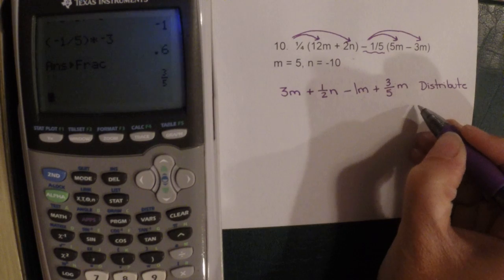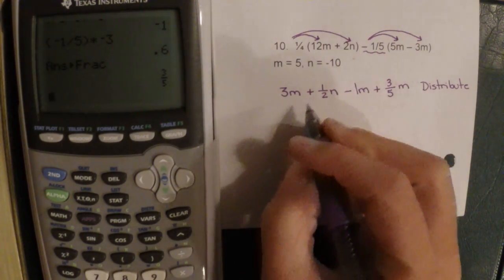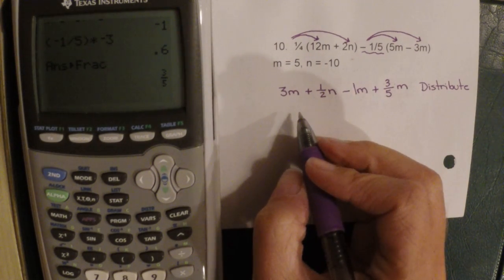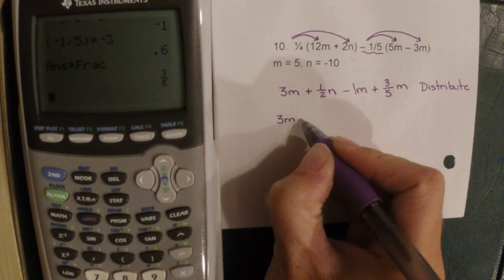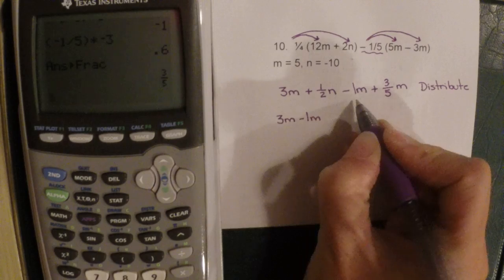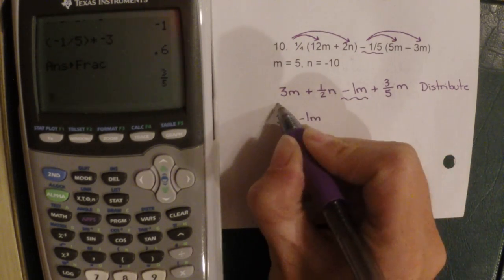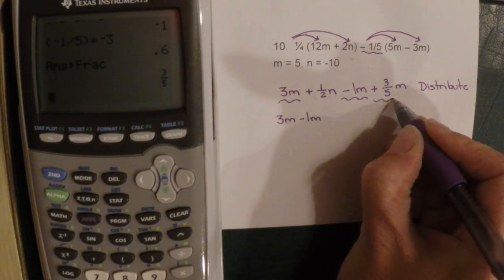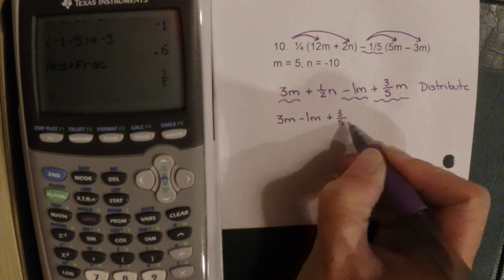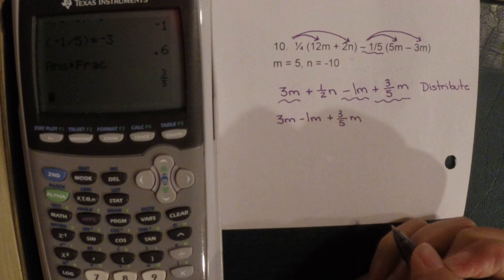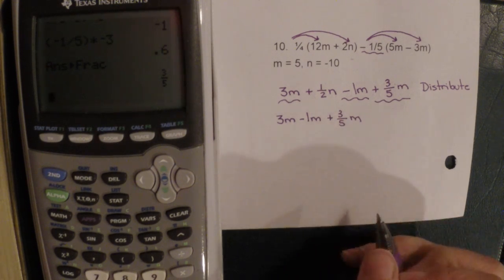Next, remember, comes our commutative. So I need to group like things together. So notice I've got a 3m, a minus 1m, that's here, and then I have a 3/5 m. And at this point I probably should have left them as a decimal.